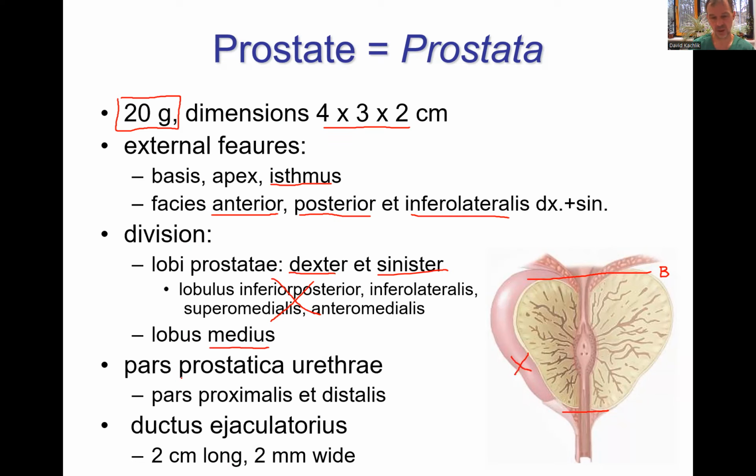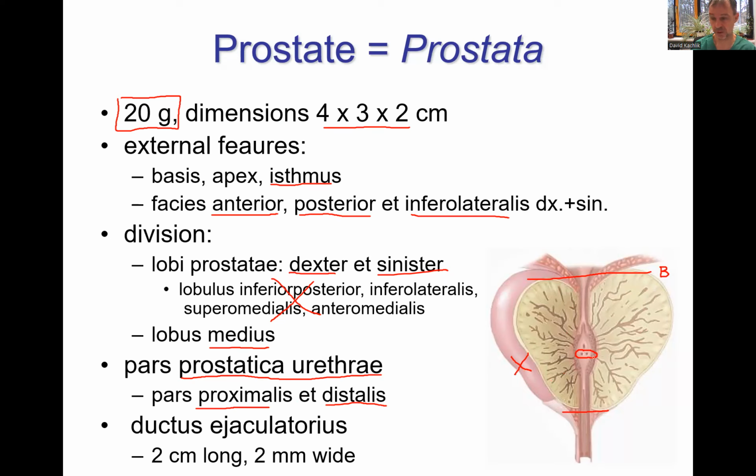Inside is the male urethra, so the prostatic part, which we can distinguish into proximal and distal. Proximal contains only urine, and distal is below the opening of the ejaculatory ducts. So it can transmit urine or semen.